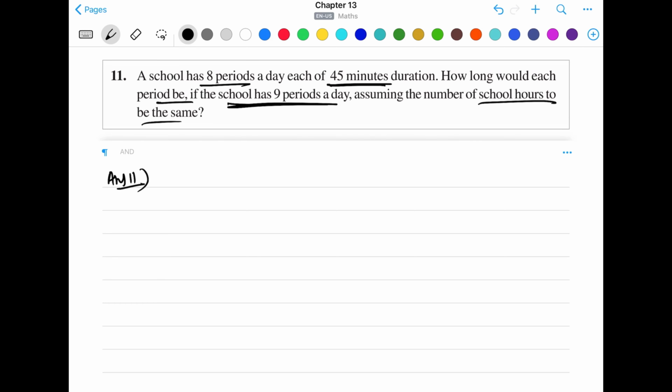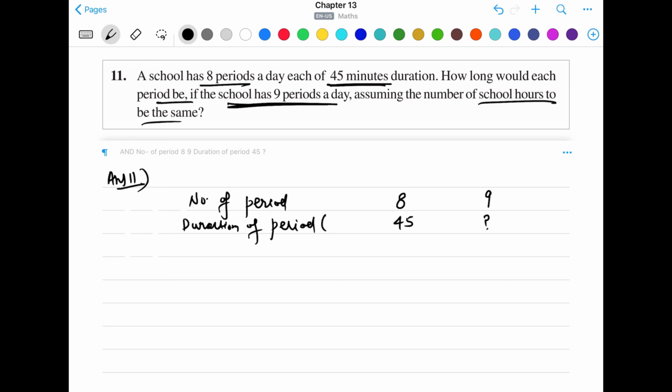What we have here is the number of periods and the duration of a period. When the number of periods is 8, the duration of a period is 45 minutes. Now when increasing the number of periods from 8 to 9, we have to calculate the duration of a period.